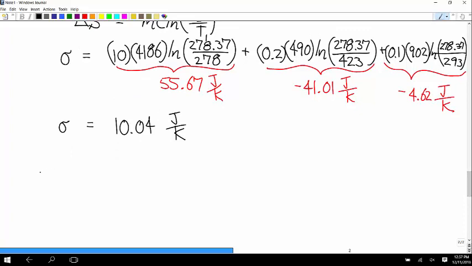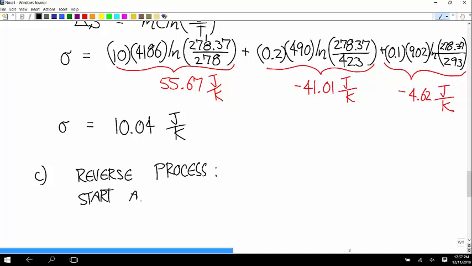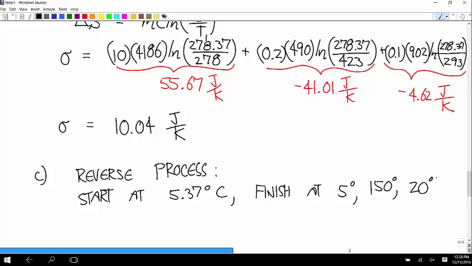So for part C, the reverse process would be that all of these three things start at 5.37 degrees Celsius and finish at 5 degrees, 150 degrees, and 20 degrees.